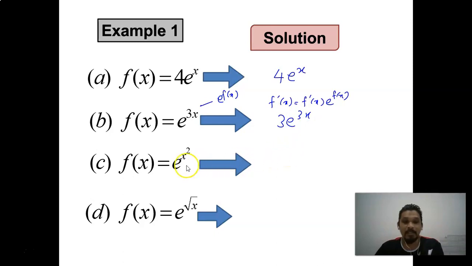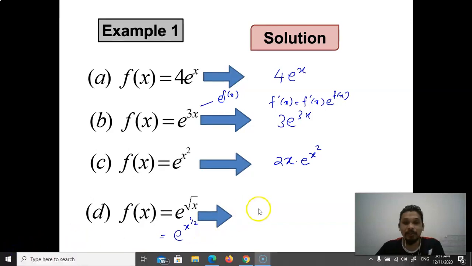Okay, then next, this one here, differentiate x squared equals 2x and then e to the power of x squared. Okay, and then this one here now, it is equal to e to the power of x to the power of half. So in this case, we are going to differentiate this first.